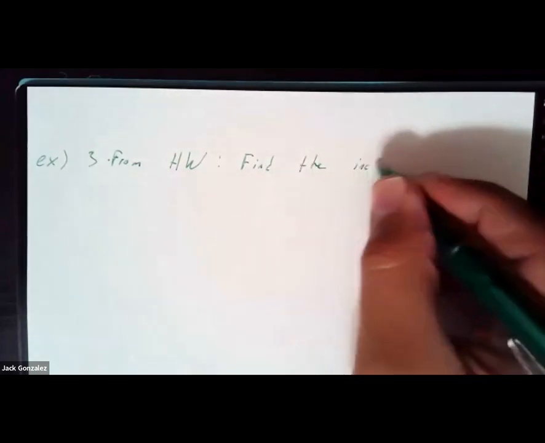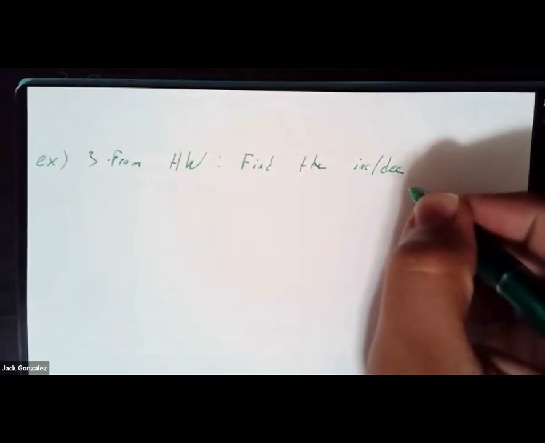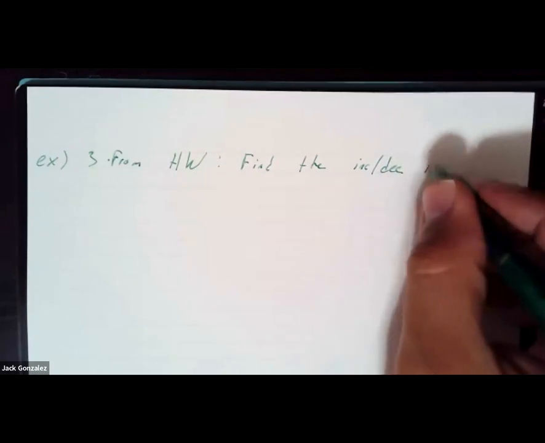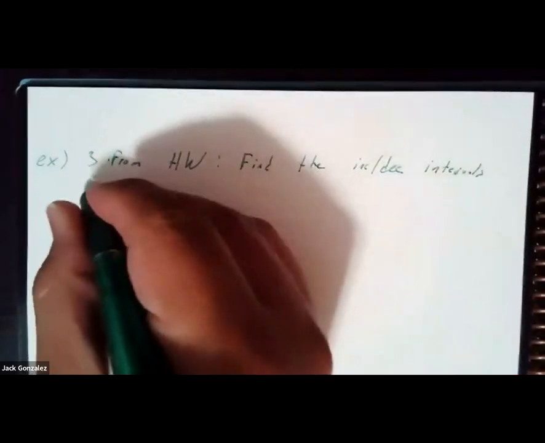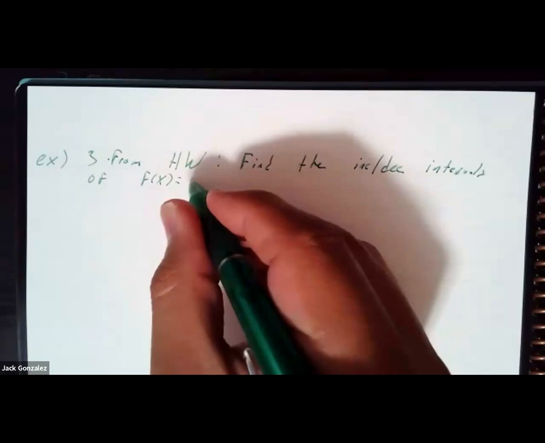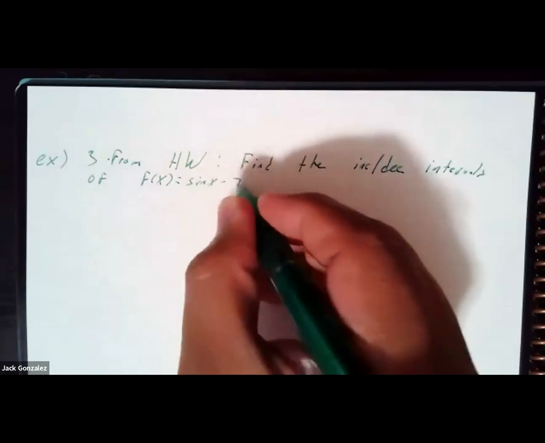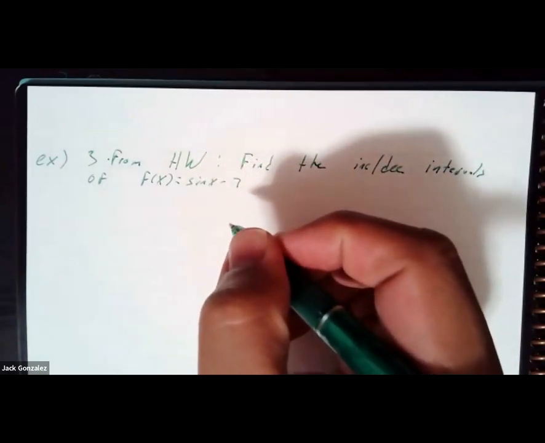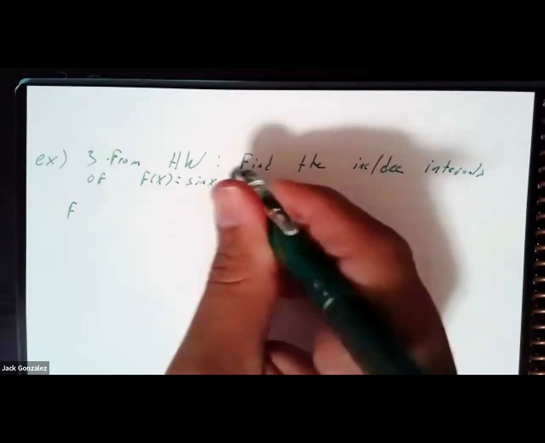Define the increasing, decreasing intervals of f of x equals sine x minus 7. It was 6, I guess. Yeah, we can do yours, that's fine.